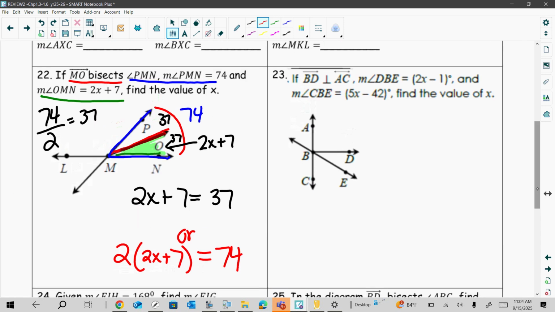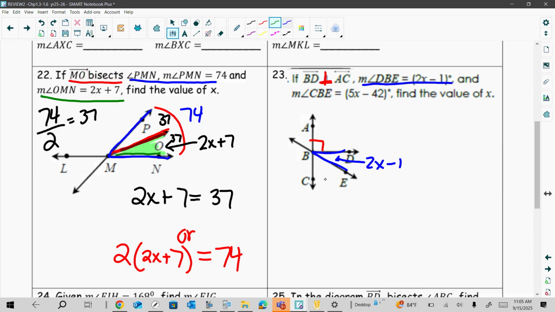Now, the key thing on 23 is understanding this upside down t means perpendicular, means there's a box from BD to AC, meaning it equals 90 degrees. But then if you look, they tell us DBE, that is the angle inside of here, is the 2x minus 1.